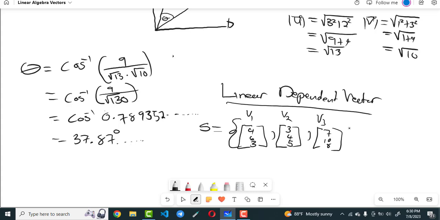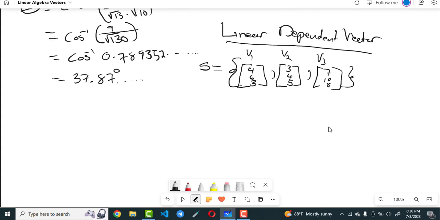Here we can see that these three vectors are linearly dependent, because if you combine v1 plus v2, it gives us v3, which is 7, 6 plus 4 gives 10, and 3 plus 5 gives 8. So if you add these components, we get v3. So we can say that these three vectors are linearly dependent vectors. So v1 plus v2 is equal to v3, as you can see.